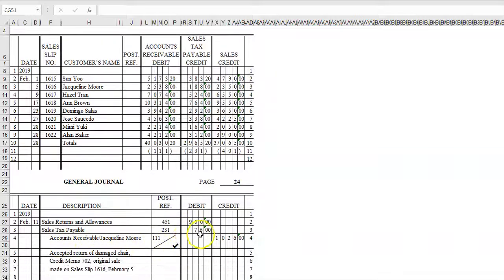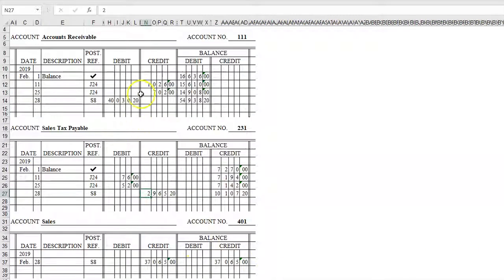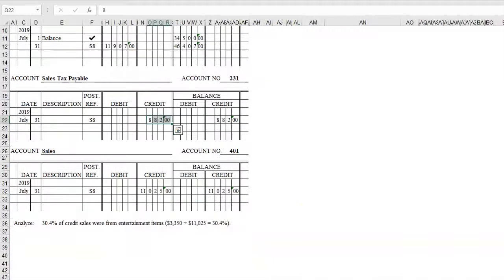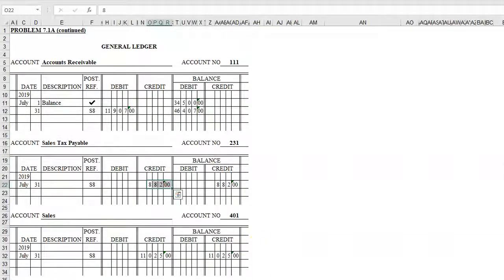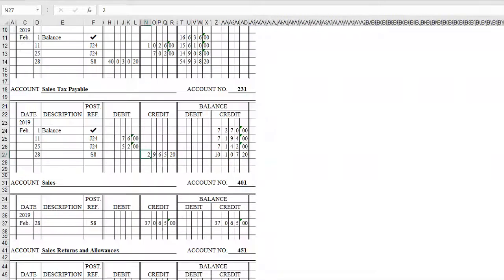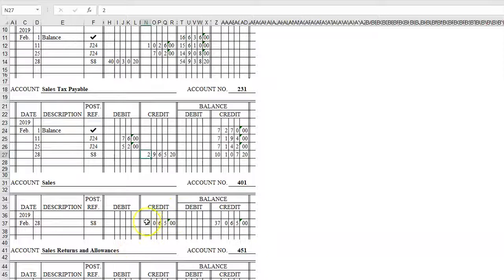Then we had the sales tax payable here, $76. Sales tax payable here, $52. So there should be 3. 1, 2, 3. That's good. The sales came directly from here. Sales, $37,065.